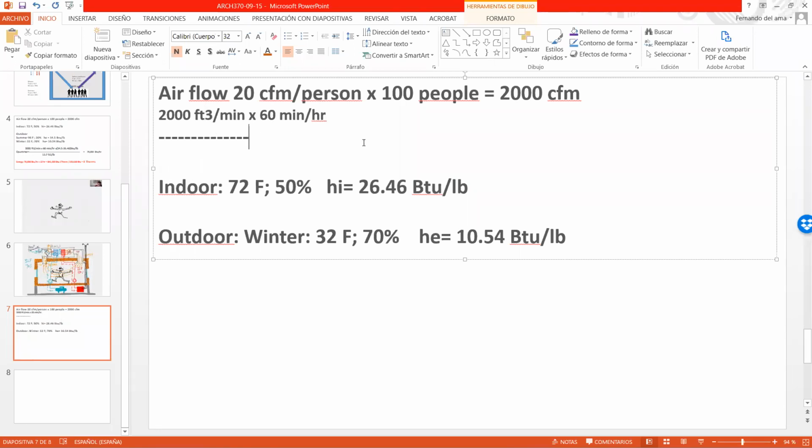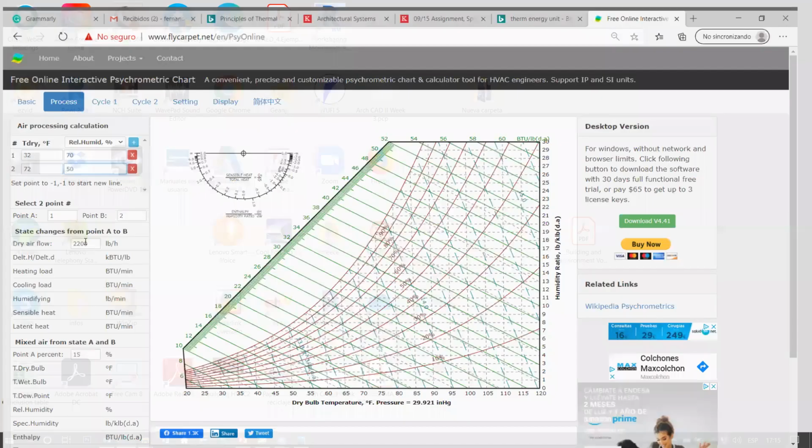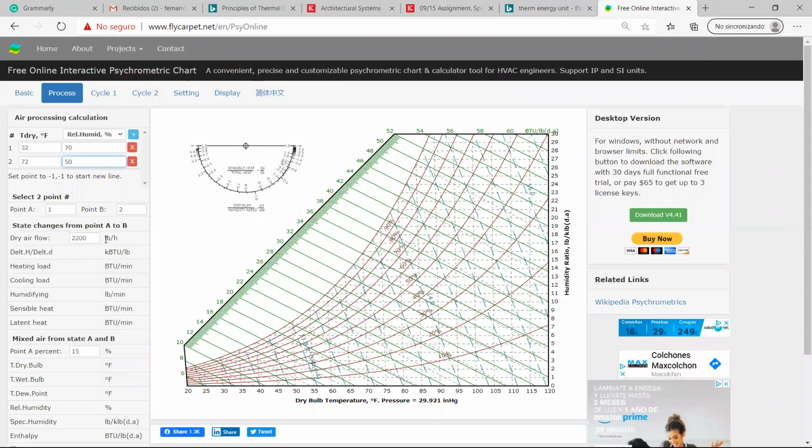So this is cubic feet per hour, because we cancel minutes and minutes. But what are the units in the psychrometric chart? The units in the psychrometric chart are pounds per hour. So we have hour, we have pounds.